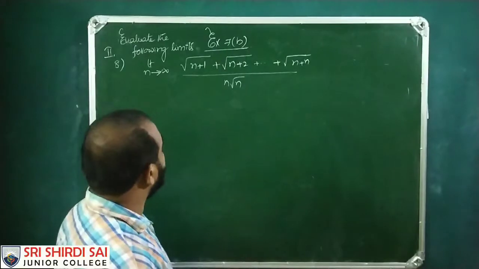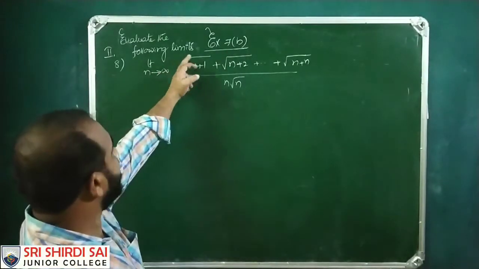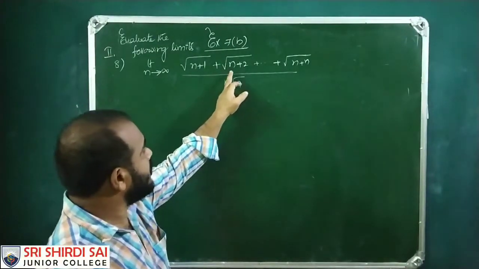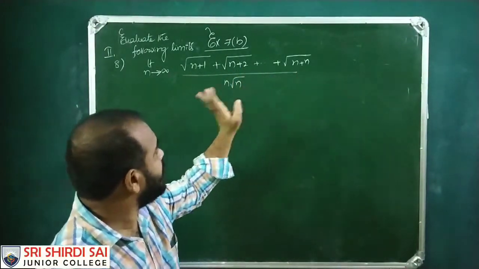Let us try to solve these problems. Evaluate the following limit. Limit n tends to infinity, square root of n plus 1, square root of n plus 2, and so on up to square root of n plus n, divided by n root n.